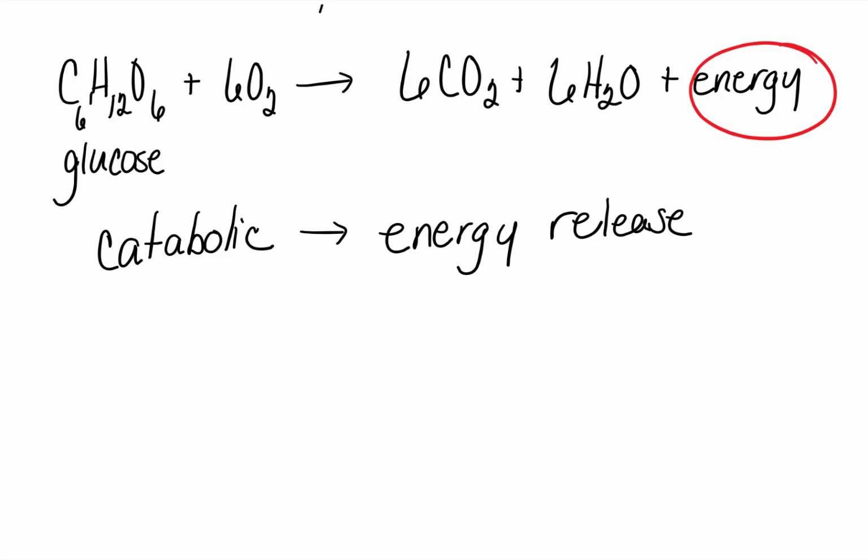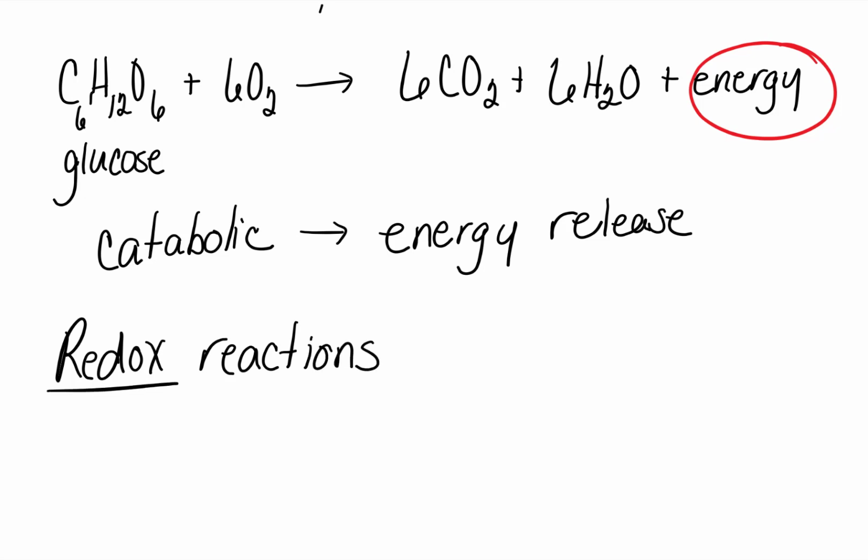Now we're going to dive a little bit deeper into how energy is released from glucose as it's being broken down. And in fact, when glucose is broken down, energy is going to be released through what we call redox reactions. Redox is short for oxidation reduction reactions.